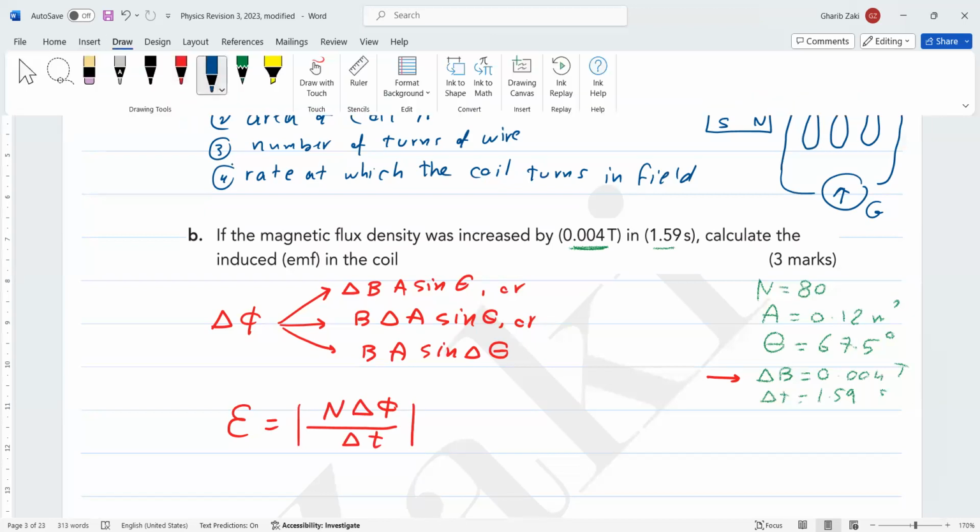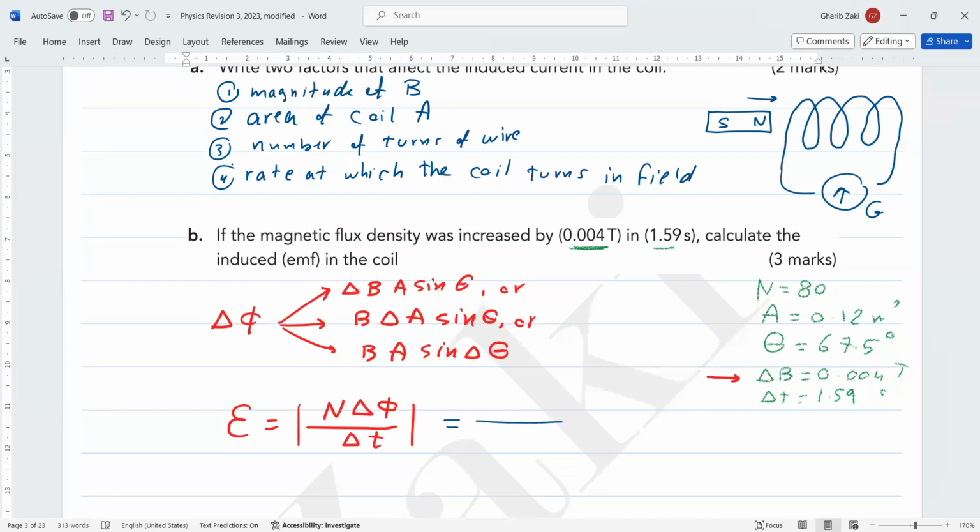Here, we have N equals 80. For delta phi, we have a change in B, so we use delta B A sine theta. Delta B is 0.004 multiply A, 0.12, multiply sine of the angle, sine 67.5, divided by delta T. Delta T is 1.59.